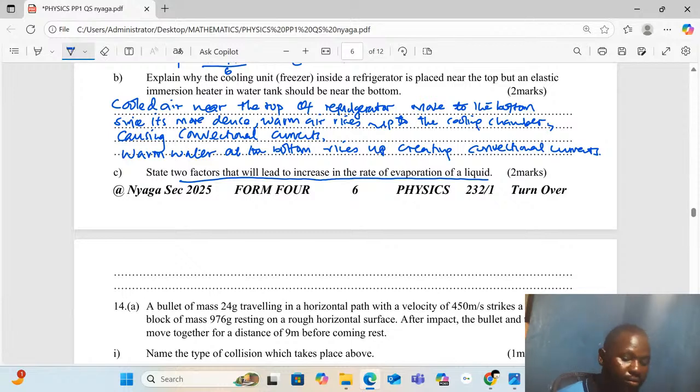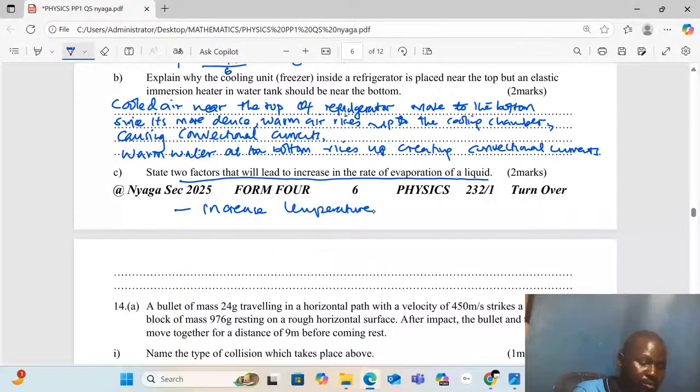One, increase temperature, then you are going to increase the rate of evaporation. Number two, increasing the surface area of the liquid by exposing a large part of it.